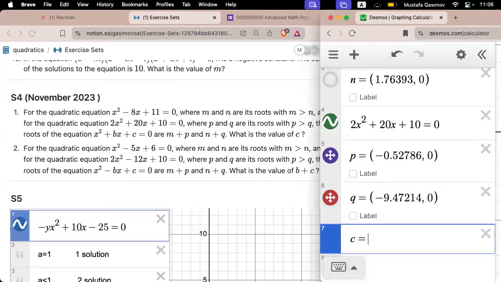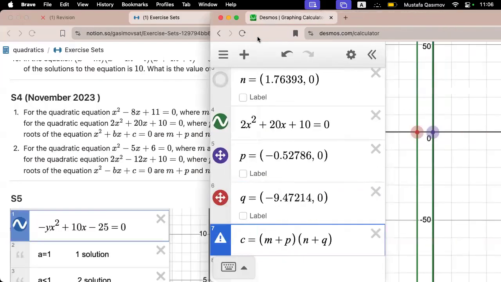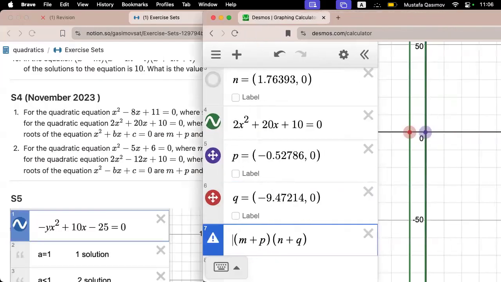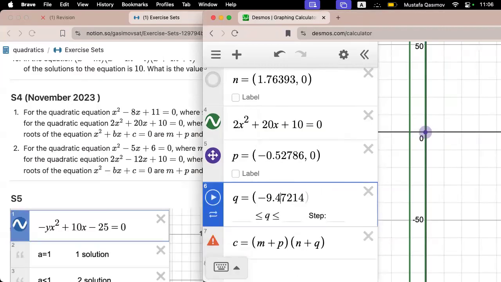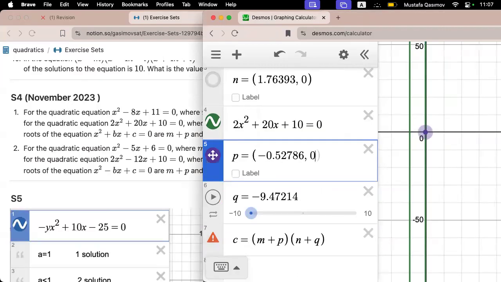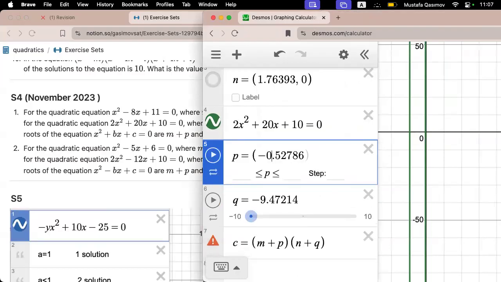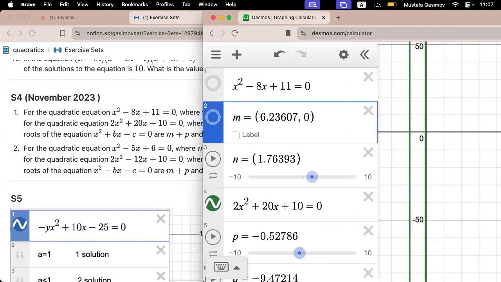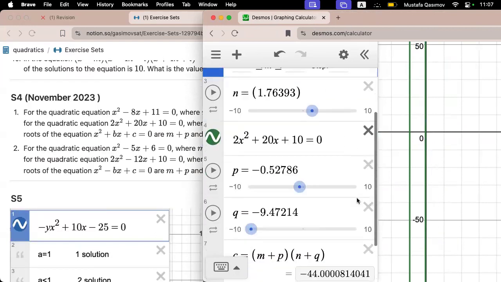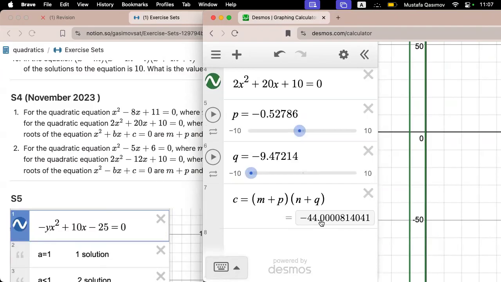C is equal to m plus p multiplied by n plus q. Then you have to write them like that. You have to delete 0. So the answer is negative 44.